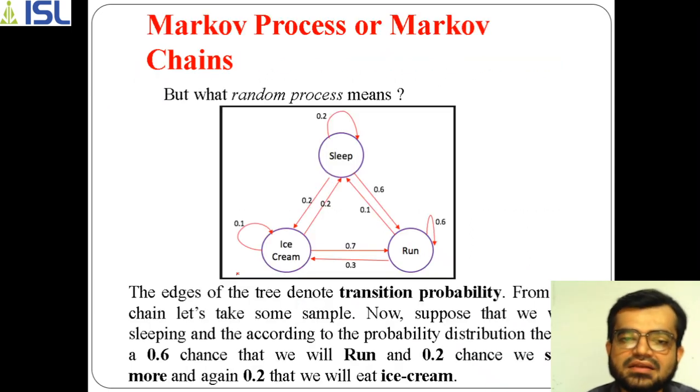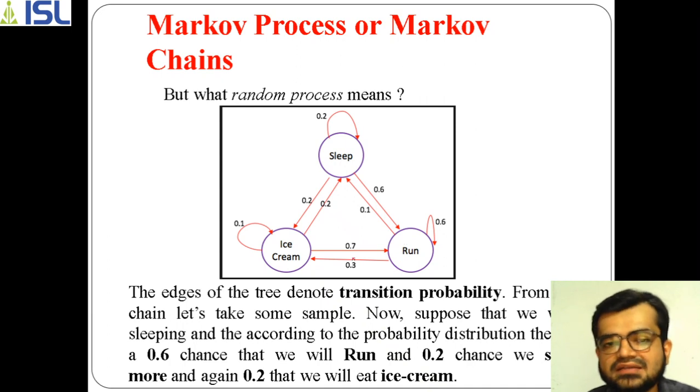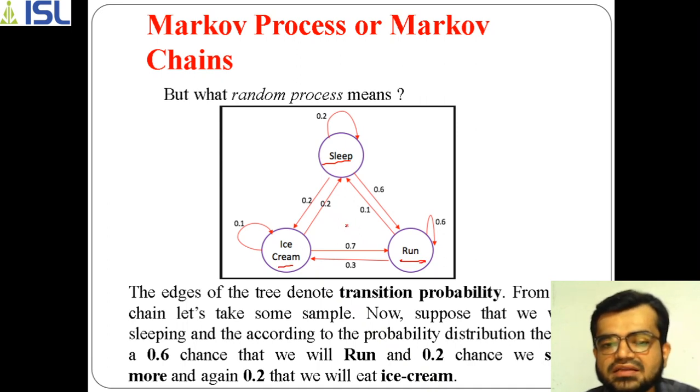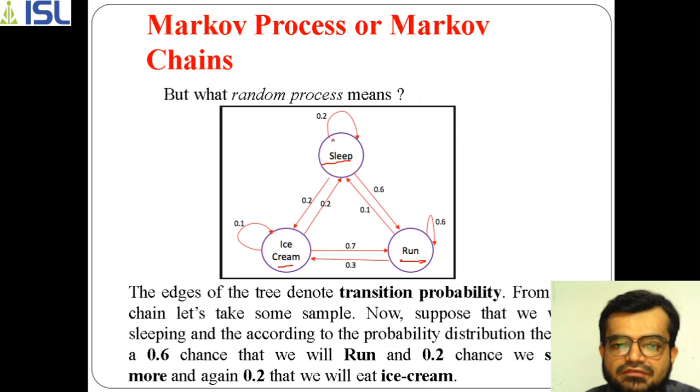Here is one practical example, though I already mentioned it. For example, there are 3 states: sleep is one state, run is one state, and ice cream is one state. Now you can observe that for the sleep state, it stays in the sleep state with a probability of 0.2.